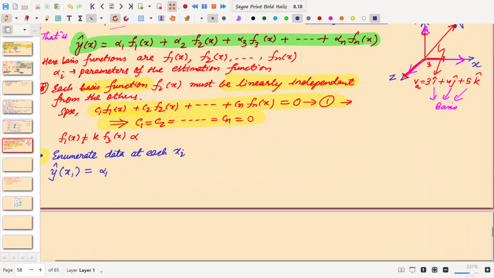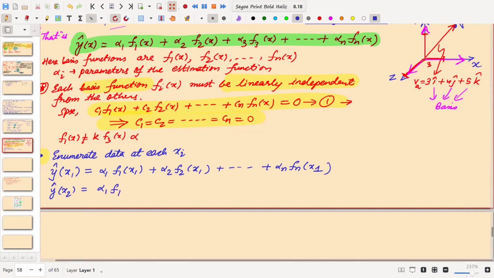alpha 1 f1 x1 plus alpha 2 f2 x1, and so on up to alpha n fn x1. Now, can we write similarly y cap of x2 as alpha 1 f1 of x2 plus alpha 2 f2 of x2 plus so on up to alpha n fn x2?